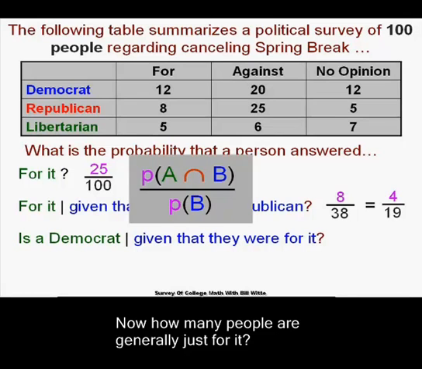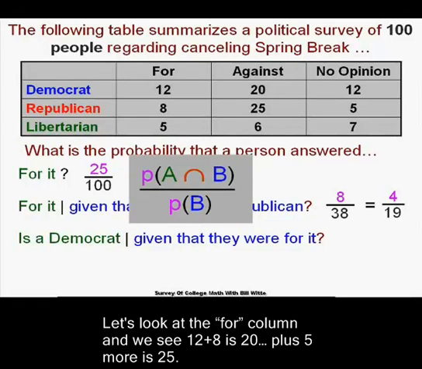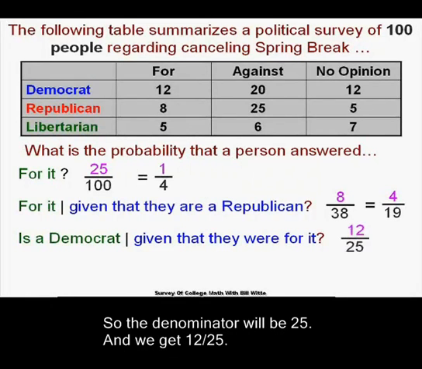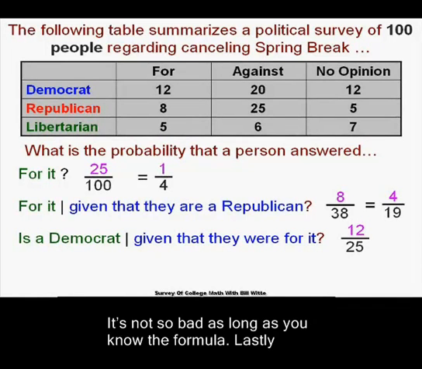Now, what's the probability of B, in other words, how many are just for it? Well, let's look in the for column. And we have 12 plus 8 is 20, plus 5 more is 25. So the denominator will be 25. So we get 12 out of 25. That wasn't so bad, as long as you know the formula.